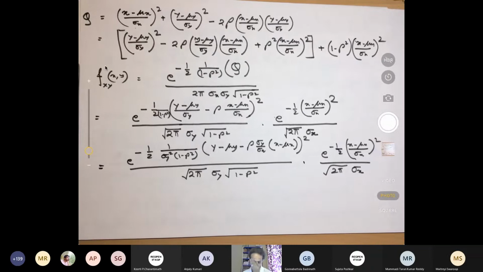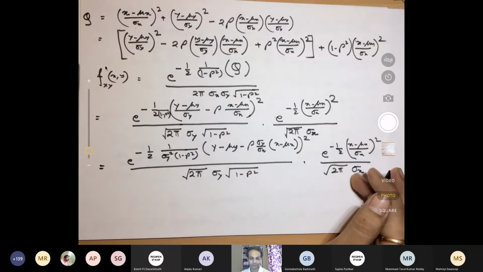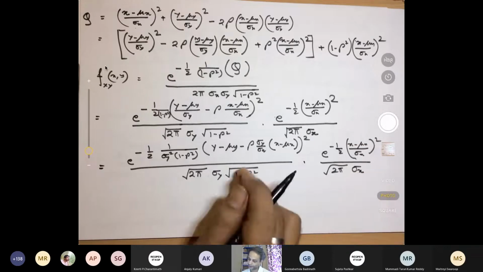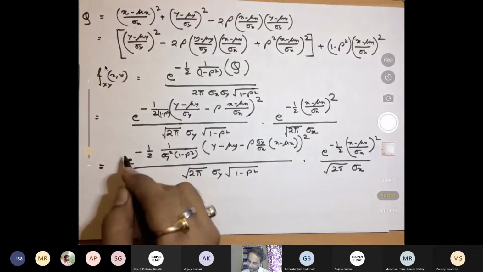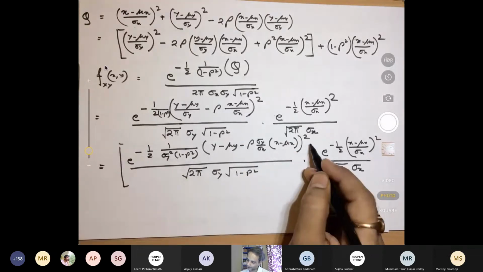Now you can observe here that this is the marginal density of x, because if you integrate out with respect to y, this entire expression will give you 1.